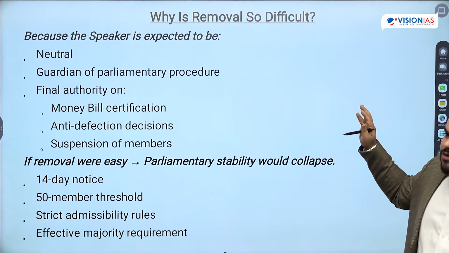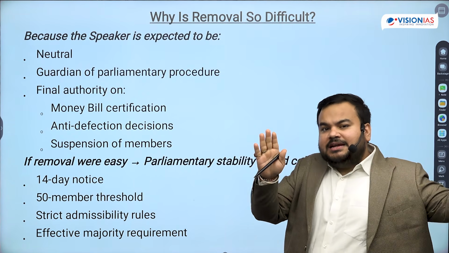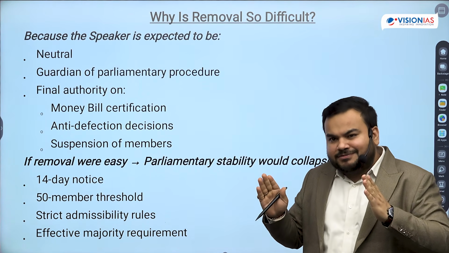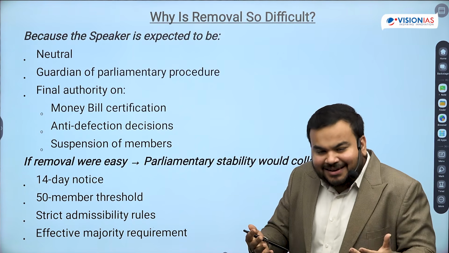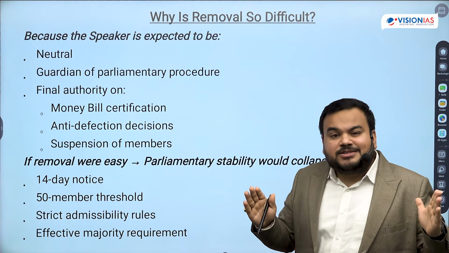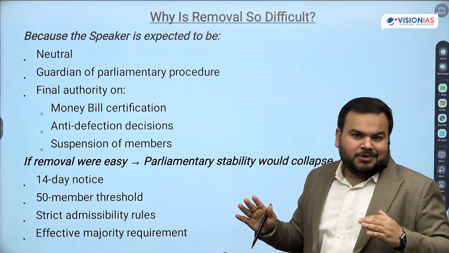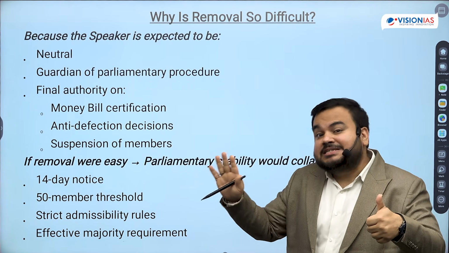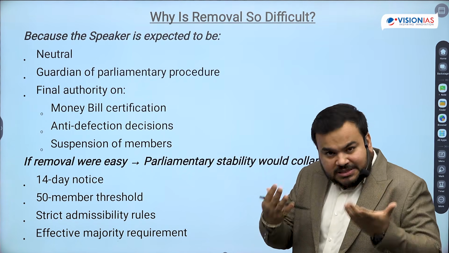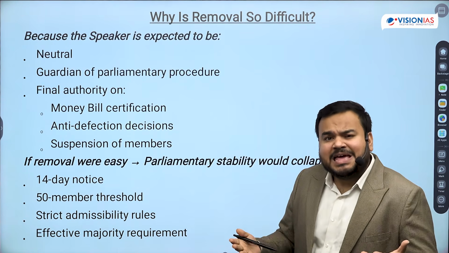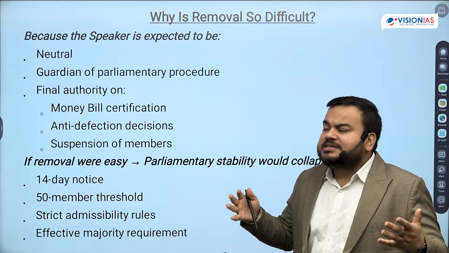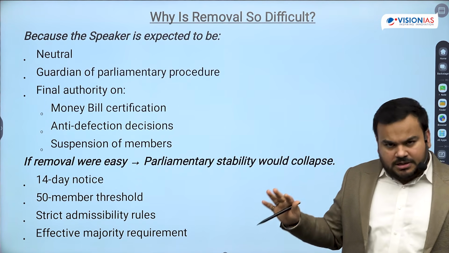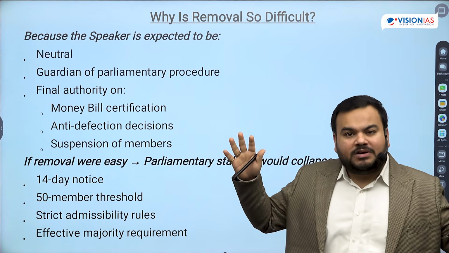If you have understood the entire process of removal of the Speaker of Lok Sabha, you must admit that the process of removal is very tough, right? Because we require an effective majority, and not the members present and voting. So it of course makes the removal process quite tough. And why is the process tough? Because the Speaker is a neutral person appointed to preside over the house.